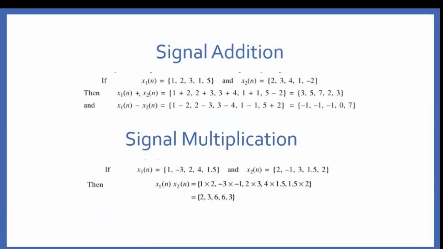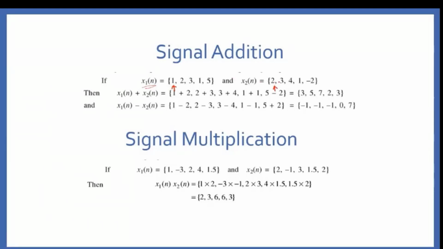Okay, so the next operation is addition. What is x1? x1 is 1, 2, 3, 1, 5, and x2 is 2, 3, 4, 1, and minus 2. Now try to understand here, there is no pointer given, correct? Is there any pointer indicating the value at 0? No. So whenever it is not given, in the exam as well, you have to assume your first position as the pointer.